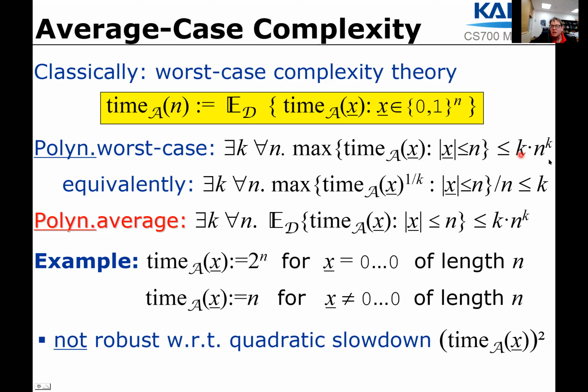That is then bounded by the kth root of k, times n outside of the root, and we divide that by n. So this is equivalent to saying that the kth root of the running time over all inputs of length n, divided by n, is bounded by some constant. And again, it's no loss of generality to have the same constant for the root and for the bound, possibly a different constant than here.